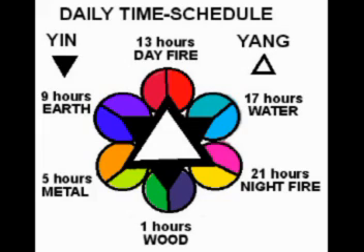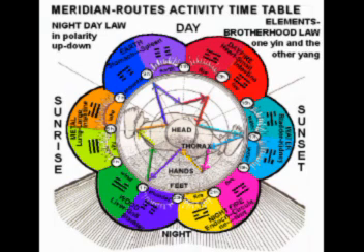Then we have a daily schedule with time schedules for the different meridians, and we can use that, and we will learn how to use it, as well as seeing all these different laws in acupuncture that are telling us which are the meridians we should use. For example, the law of mother-son is the law that nurtures one to the other one.